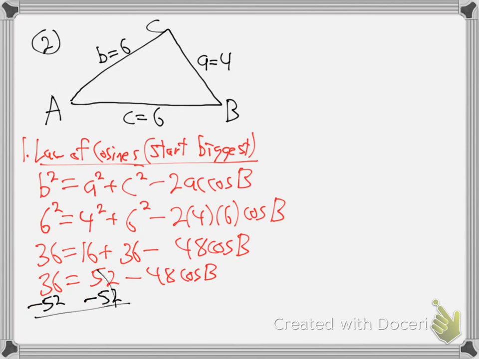So then that's some negative number. Is that minus 16? Yeah, equals minus 48 cosine B. And then to finish getting cosine B alone, divide by minus 48.